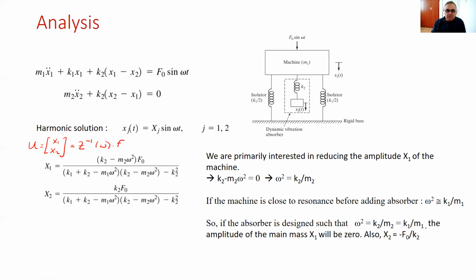So if you select K2 and M2, which are your absorber parameters, such that K2 over M2 is equal to the forcing frequency omega squared, in that case your main mass is going to have no vibration.